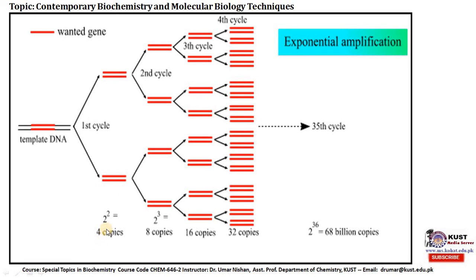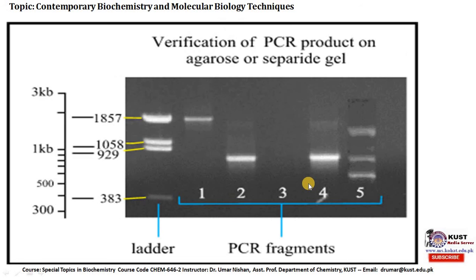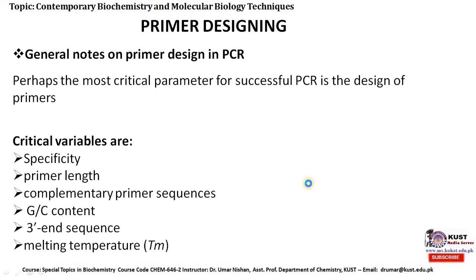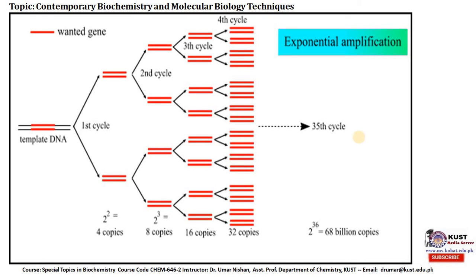So now you can see that as a result of these different cycles, we have 4 copies, 8 copies, 16 copies, 32 copies, and overall the process of PCR happens for about 36 cycles.